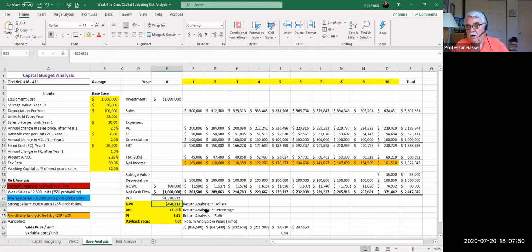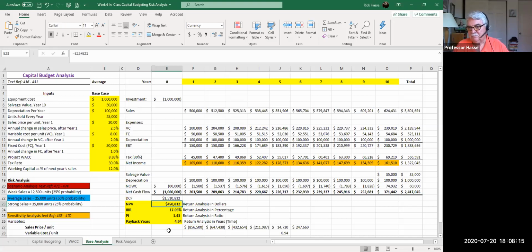These 4 are all ways of determining a strategy of capital investment. They tell us the profitability of an investment in dollars, percent, ratio, and in years, of how we recoup the cost of the investment into the future.